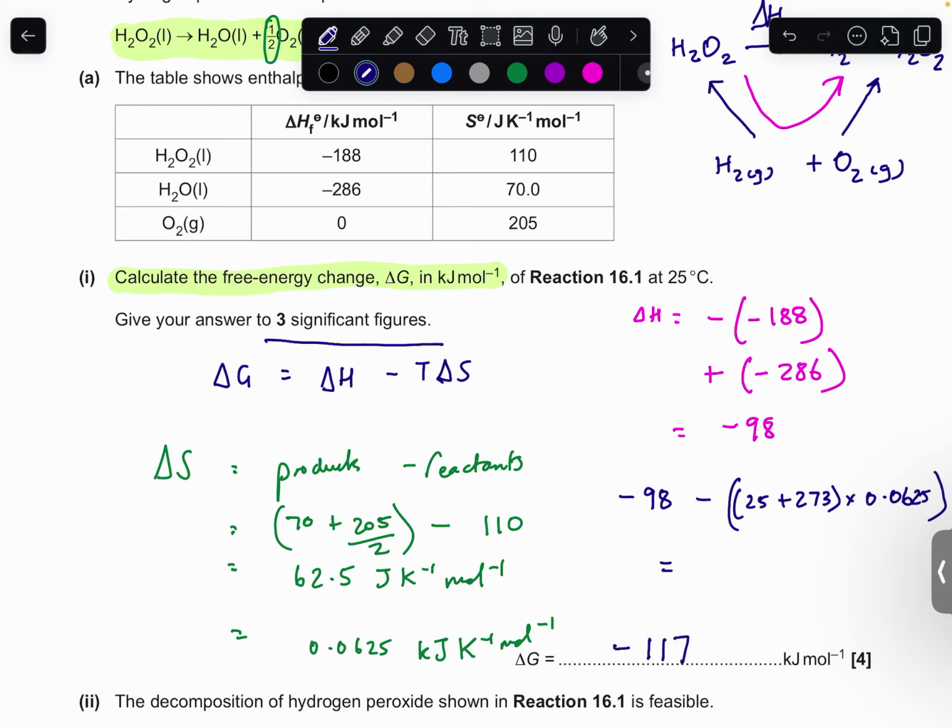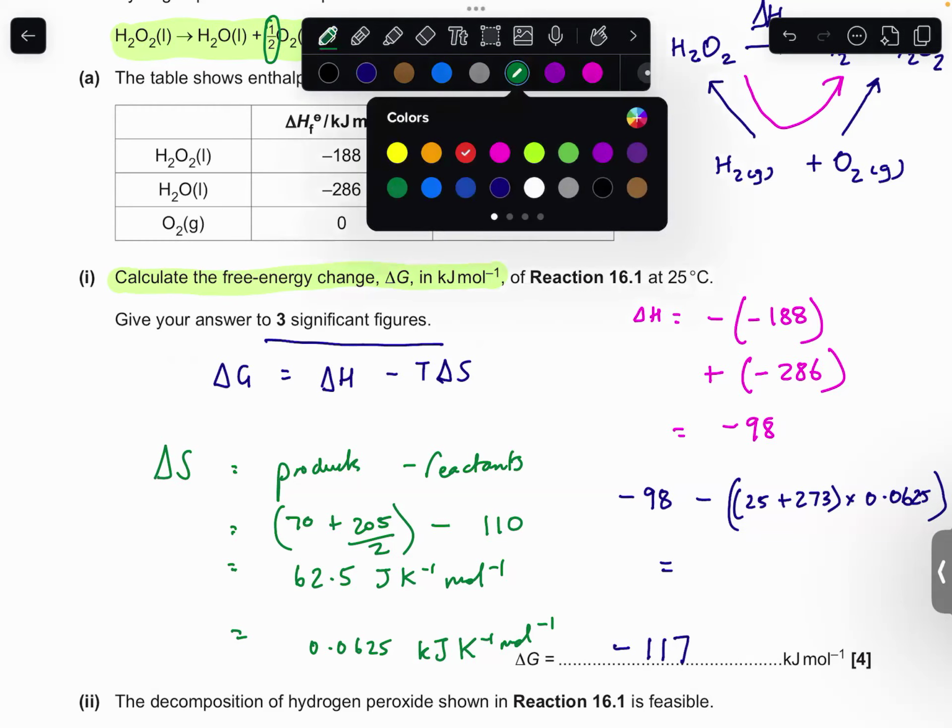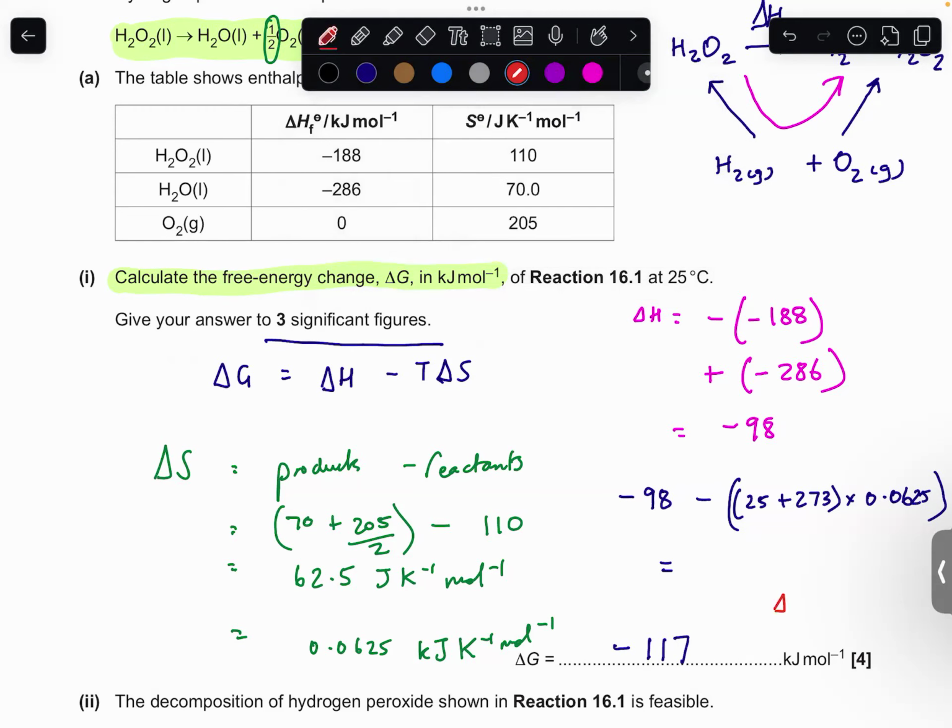They've not asked you this, but is it feasible? Yes, it is feasible, because the answer is negative. Because delta G is less than 0, it makes it feasible. They could ask you this in your exam.